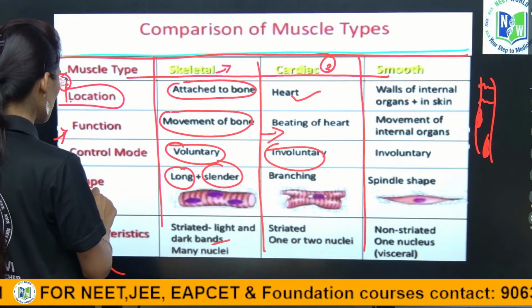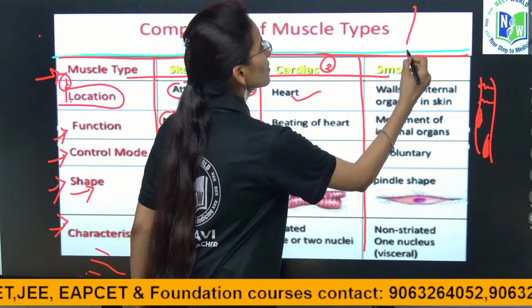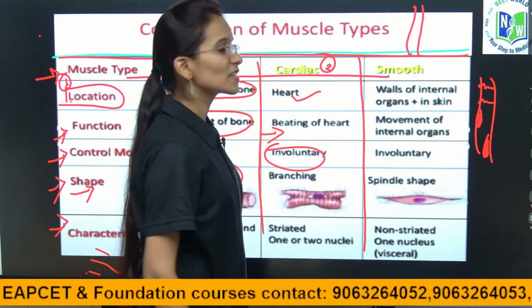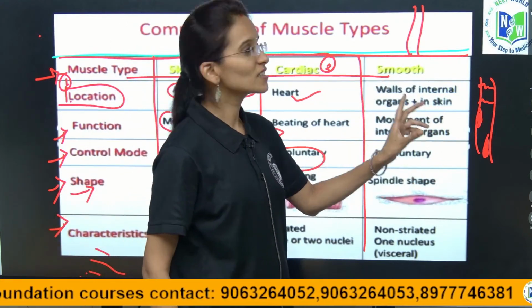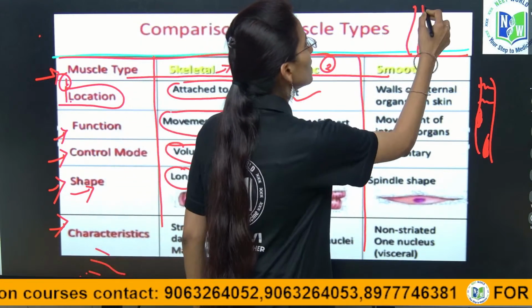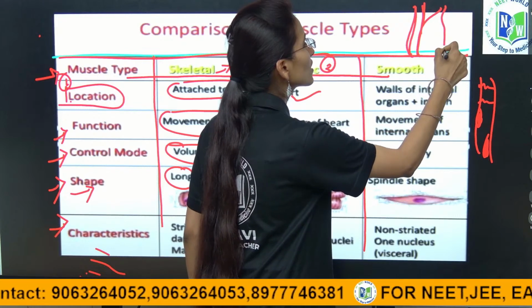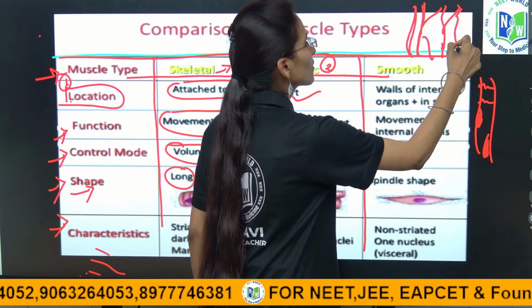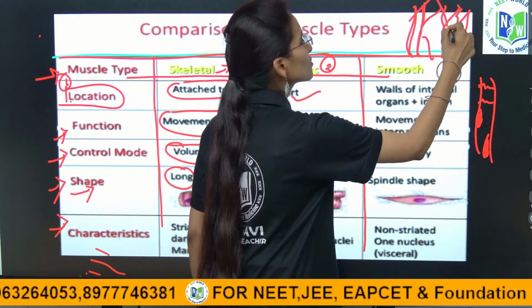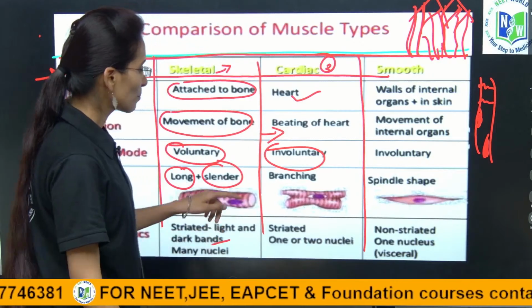Coming towards the shape, how is the shape of the cardiac muscle? The skeletal muscle is cylindrical, elongated and unbranched in nature. Coming towards the cardiac muscle, these are long, elongated and form network-like structures, which means they are branched.